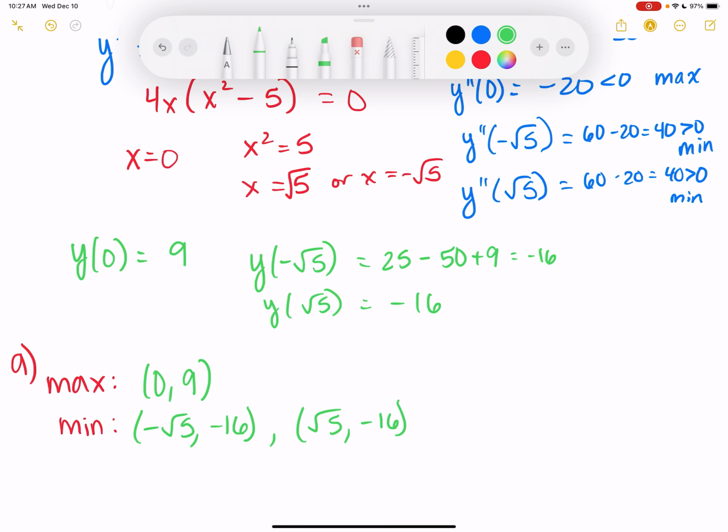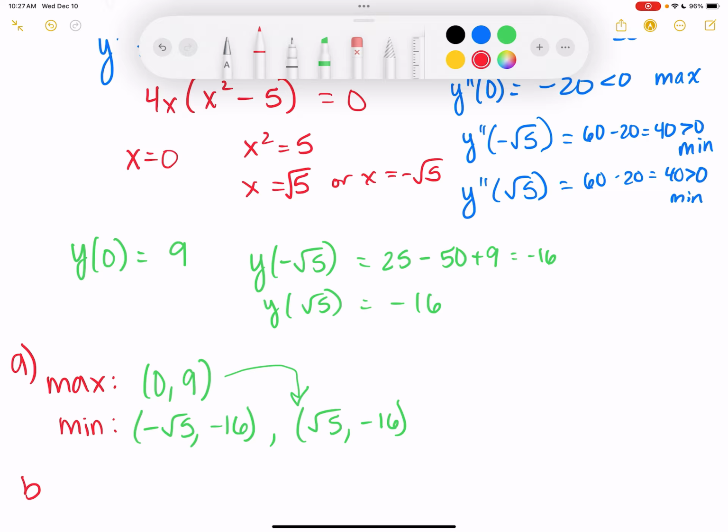So in order, the max goes between the two of them, because we have negative square root of 5, 0, and then square root of 5, going across left to right. Our intervals of increasing and decreasing are always going to have closed brackets unless it's at infinity.